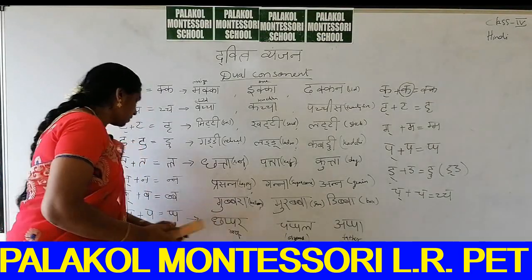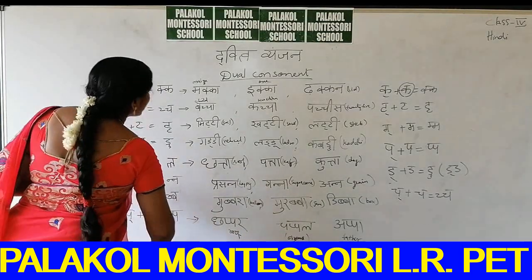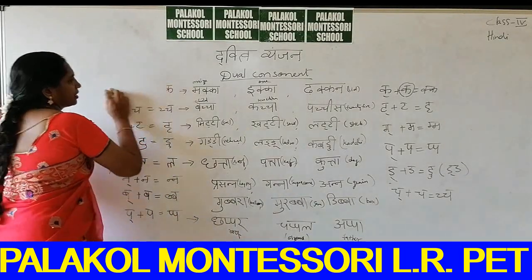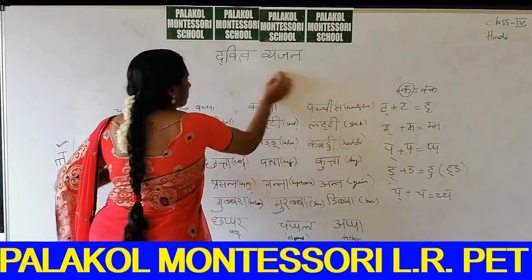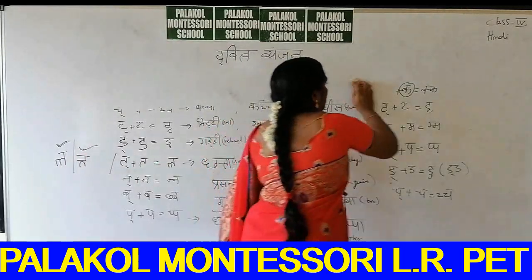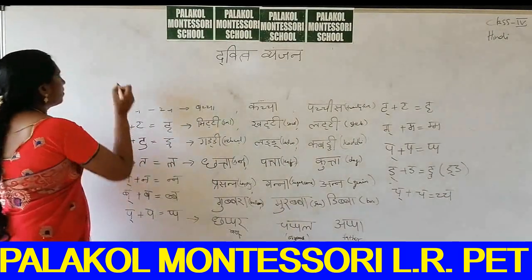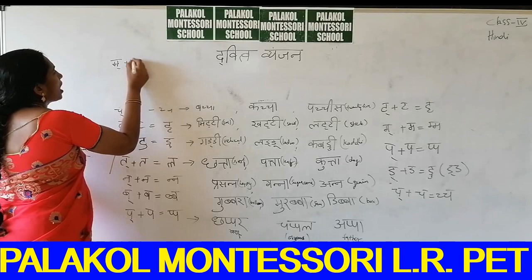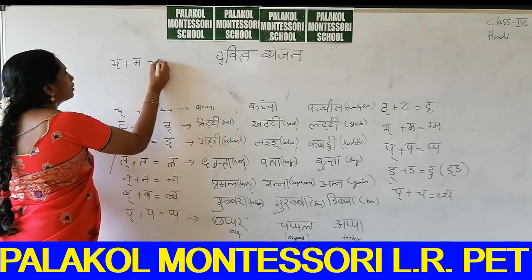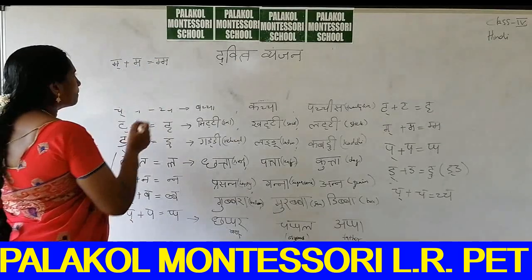Next, ma plus ma. Half ma plus full ma is equal to mma. So, it gives what? Amma.